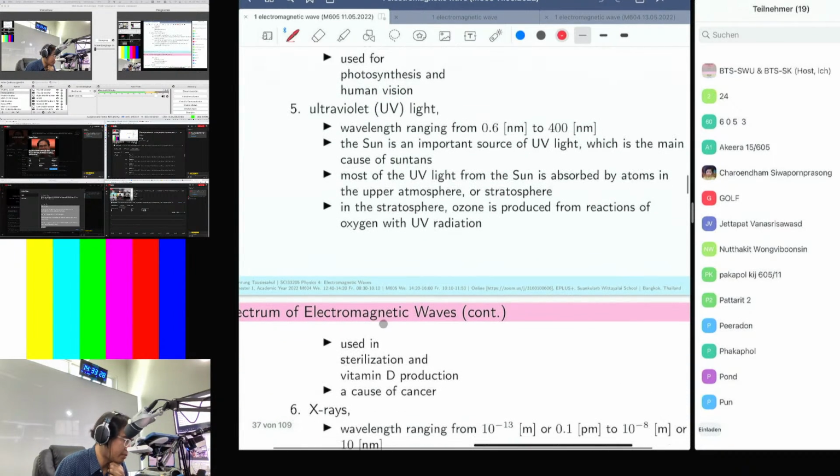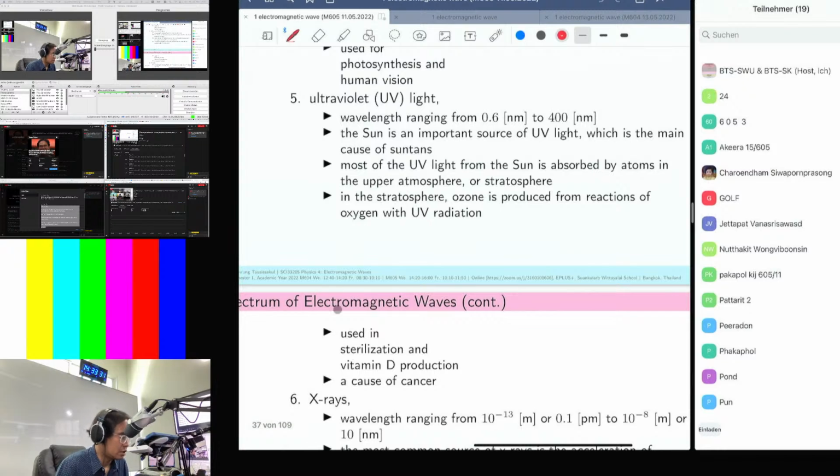What about the application of the ultraviolet? Ultraviolet or UV light is used in sterilization, in order to keep something like milk, yogurt, and so on to last longer, so that humans can transport them to different locations on Earth. It generates vitamin D for the human body, and unfortunately, it can also cause cancer to us.